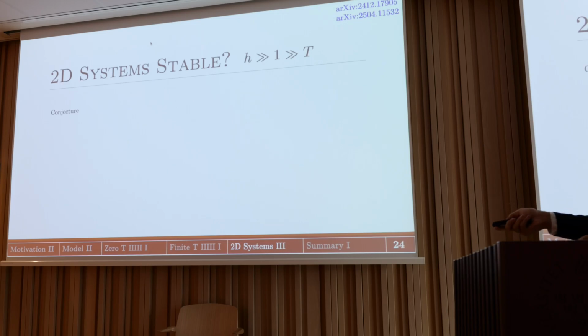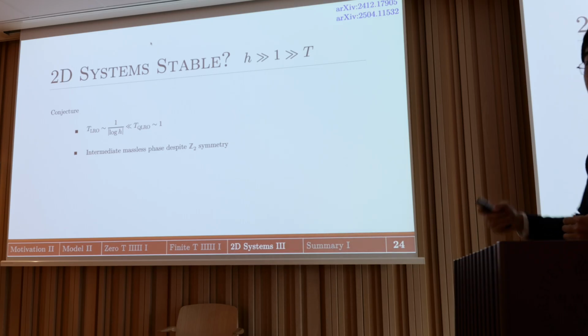Okay, so basically the conjecture is that there is long-range order at a transition temperature on the scale of 1 over log h, while quasi-long-range order sets in at the scale of 1. What this means is that there seems to be an intermediate massless phase, despite having a Z2 symmetry in my phase difference.